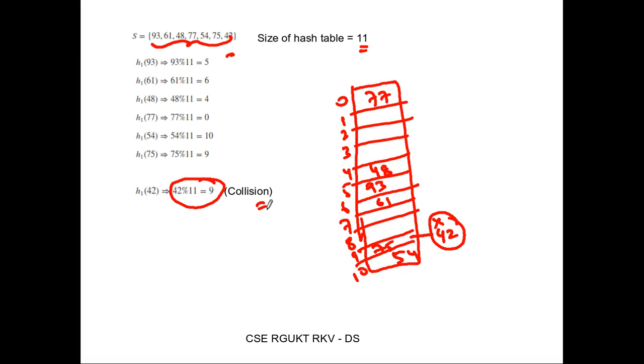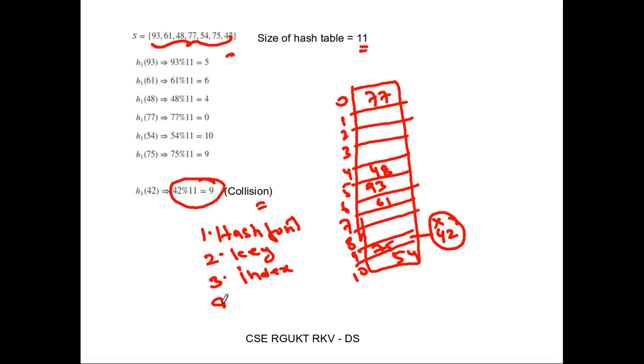So what are the facts you have understood till now? In hashing, we have to know the hash function. To this hash function we pass the key, and once the key is passed, we generate the index where it has to be stored.